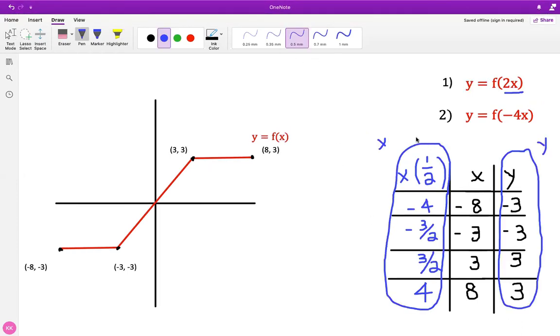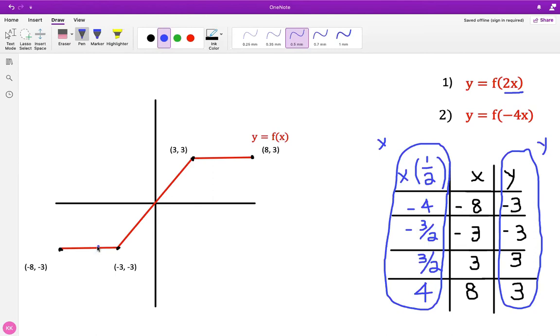Next I'm using these two columns. The left-most column is the new x-coordinate for the first question, and the right-most column is the new y-coordinate. I'm going to plot these points and generate the graph for the first question. The first point we have is -4 and -3, around this position.